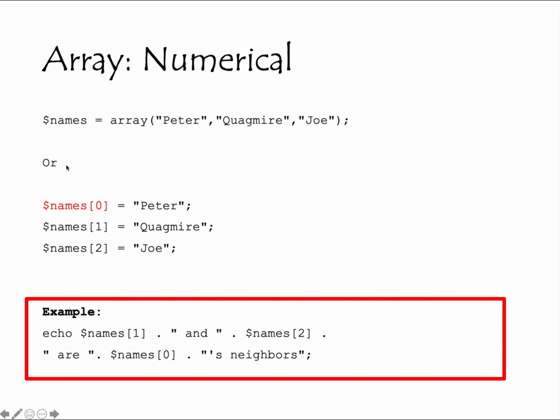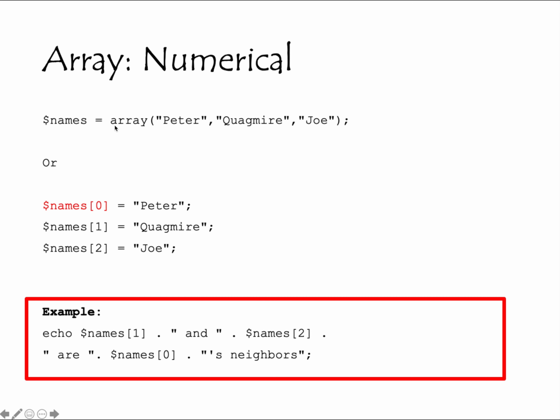For example, let's say $names. It looks like a variable name, and we are assigning, but in the assignment, we use a function called the array function. Inside this parenthesis, we provide 3 values as parameters.